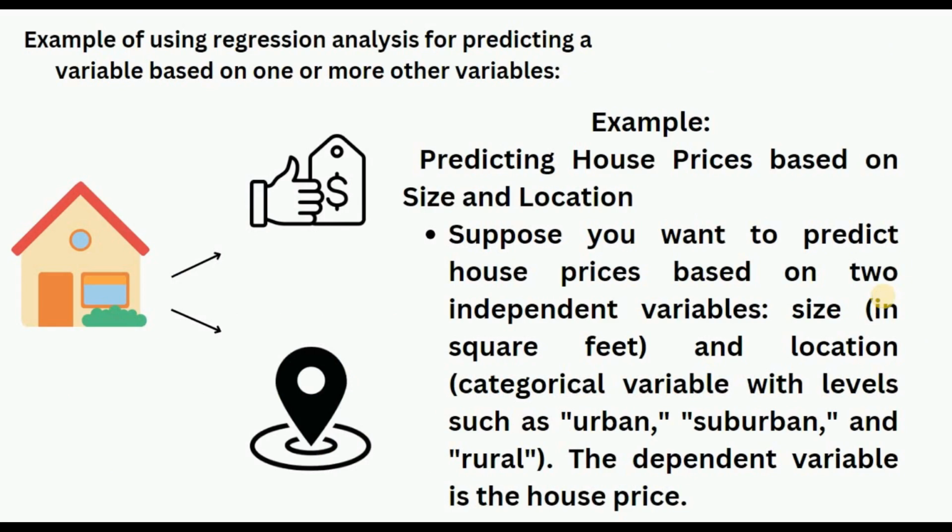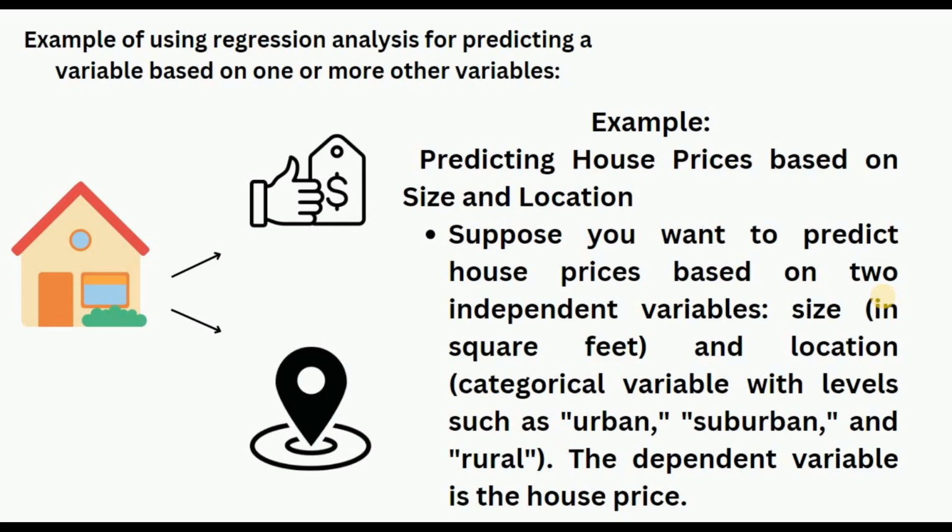Next, let's take this example of a house: size, location and price. In this case, size is our dependent variable, and price and location are our independent variables. So how will location and price affect the size of the house?